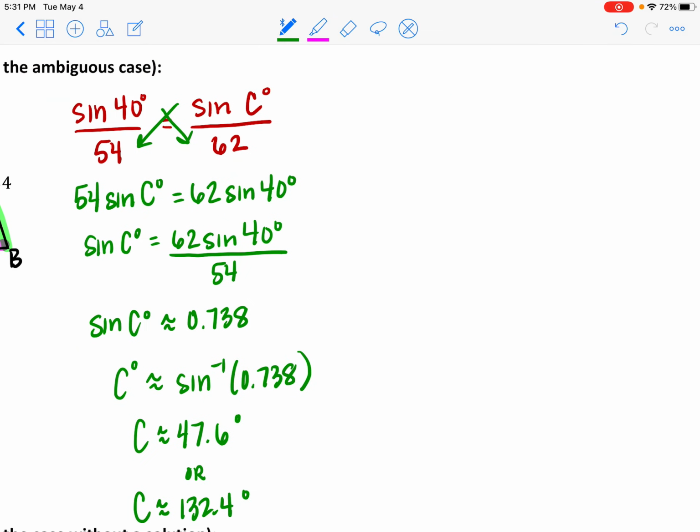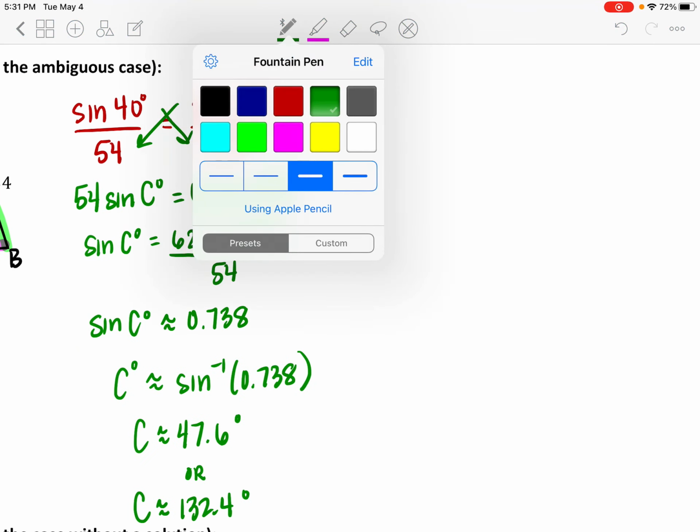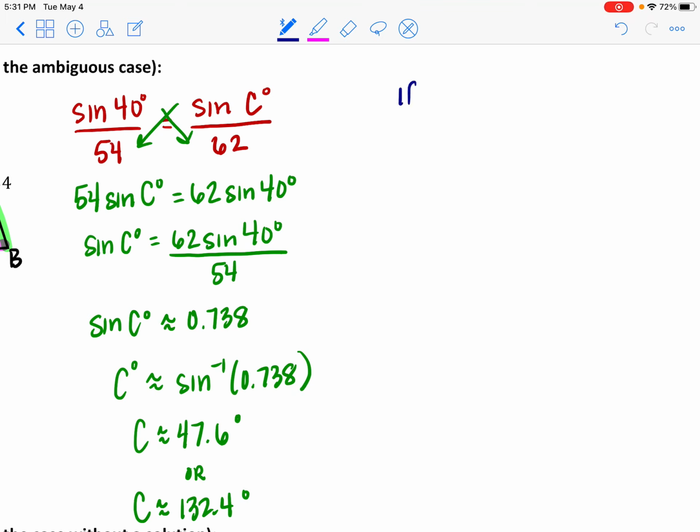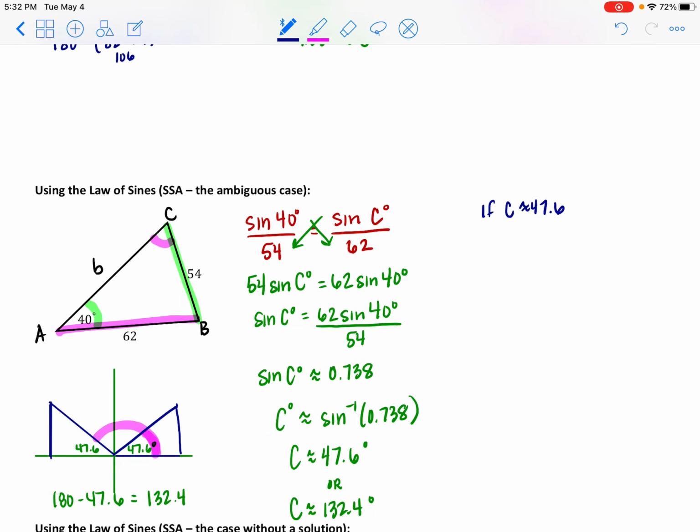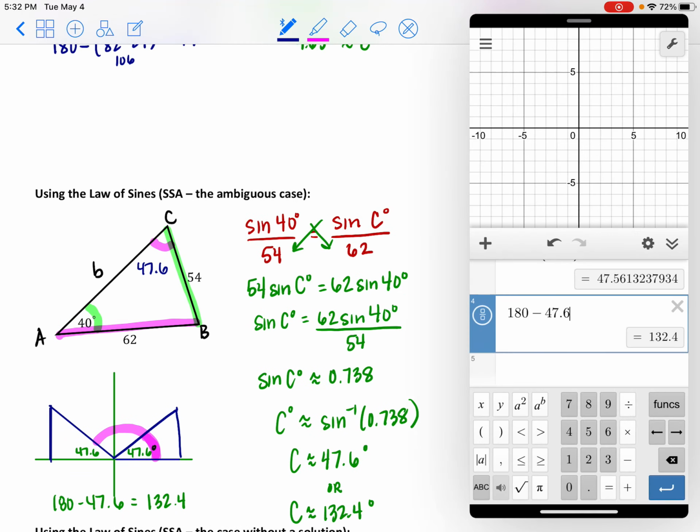Okay, so let's continue here. If C is about 47.6, we'll continue with this path. If we had 47.6 here, then we could subtract 47.6 and 40 from 180.